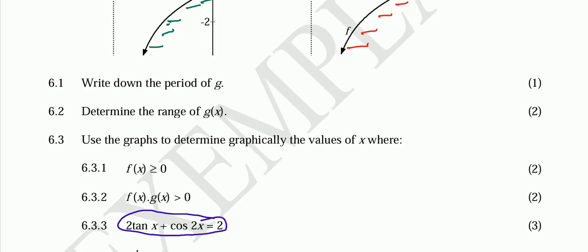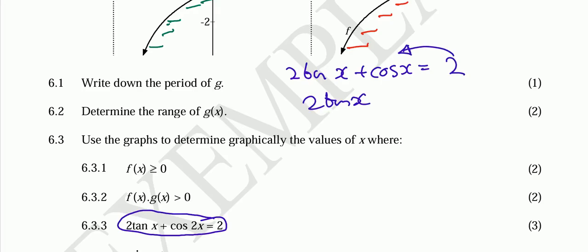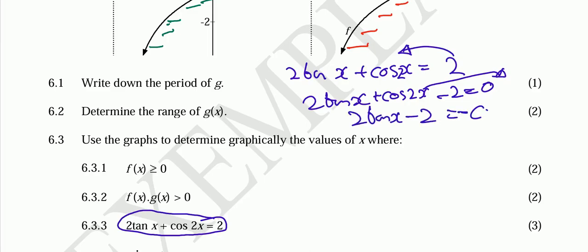So we have 2 tan x plus cos 2x is equal to 2, right? Then let's take 2 this side: 2 tan x plus cos 2x minus 2 is 0. Let's take cos 2x that side. We have 2 tan x minus 2 is equal to negative cos 2x.